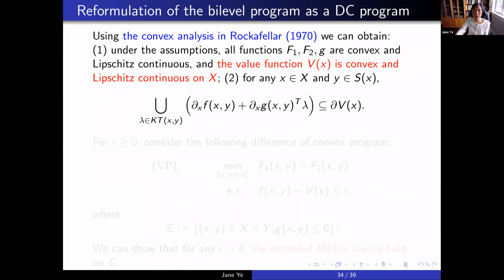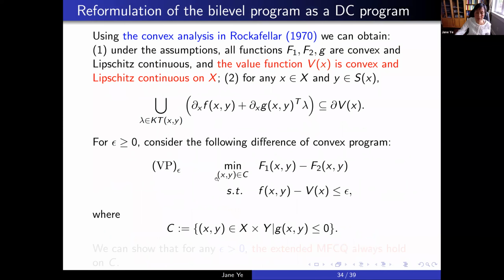So now, how will the algorithm work? First, you have a difference of convex, so we can consider this difference of convex bilevel program. I put all these constraints, x times y and the g, into C. And then this is a difference of convex function, and this is a difference of convex function by our assumption.